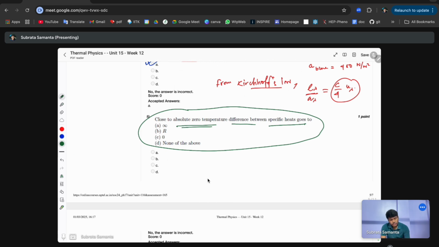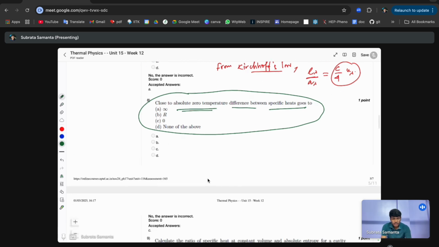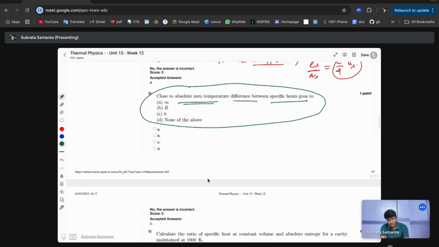yeah. So in the previous class we discussed the behavior of specific heat when the temperature goes to absolute zero. So basically thermodynamics tells you that Cp and Cv both go to 0 as T goes to 0, right?